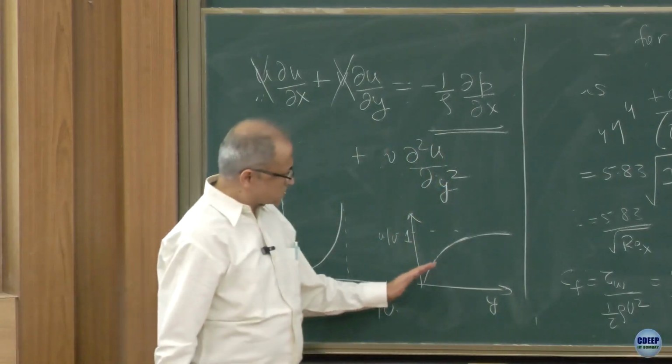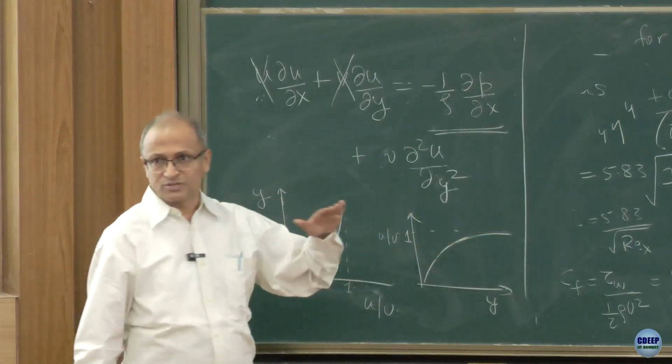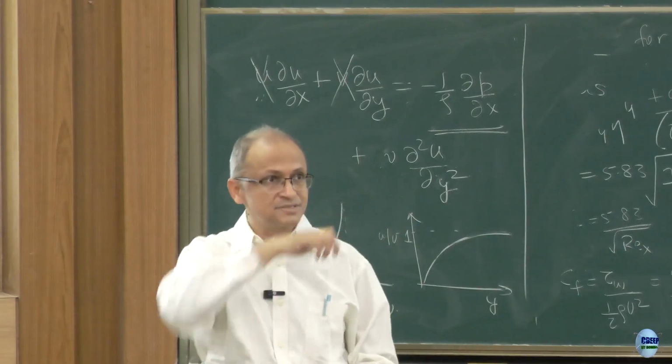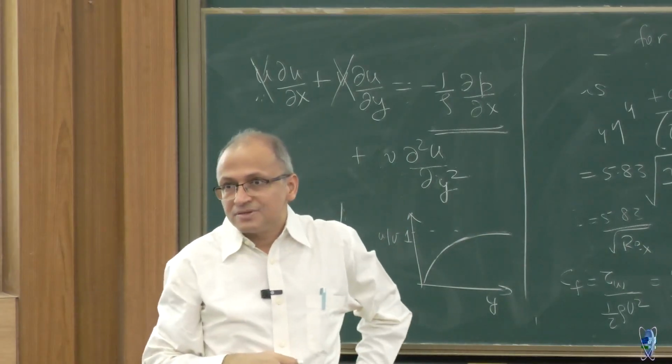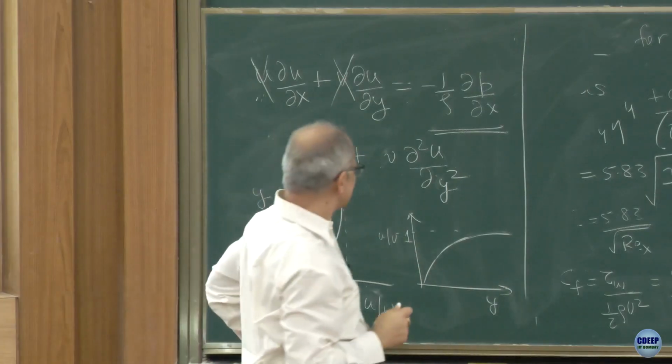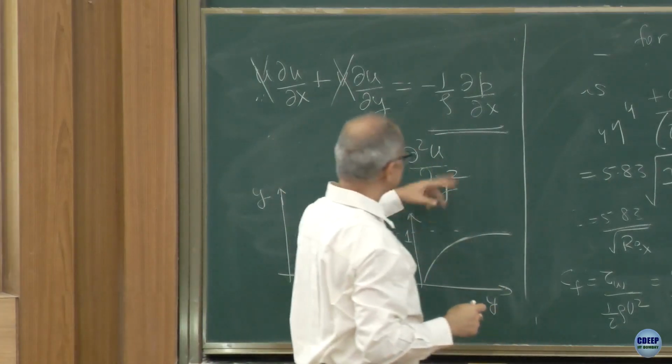So you can see that the slope is continuously reducing. The slope continuously reducing means the curvature is negative, right? Just a negative curvature, that's what you are looking at. So normally you would have this negative.